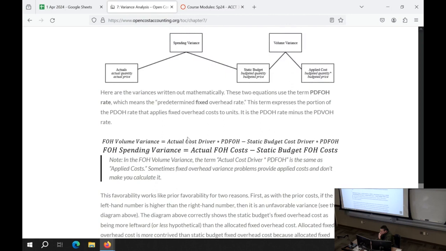I've written out actual cost driver, which is what the budgeted star here is supposed to represent. I just write actual quantity in the figure here, minus the static budget. So I've written it out as applied minus static on this equation right here. I wonder if I meant to fix this equation and I did not.